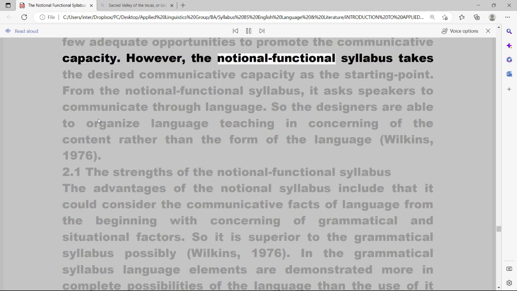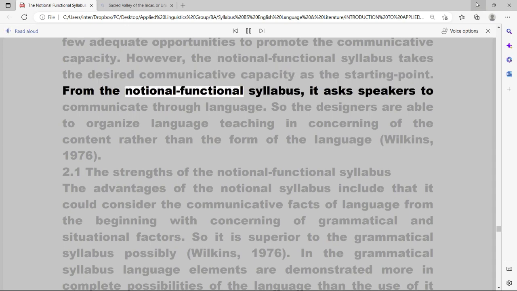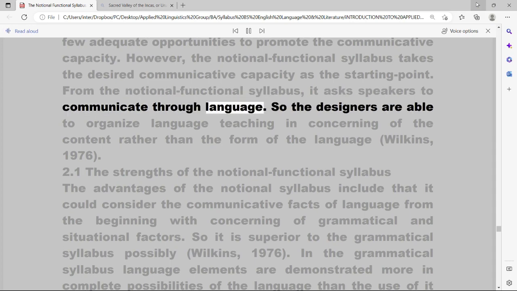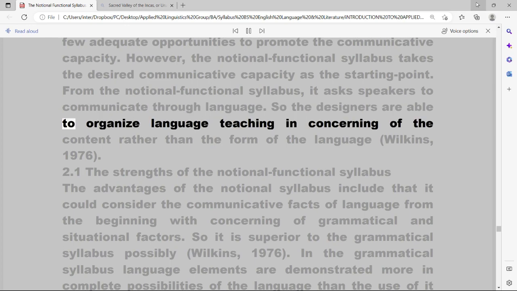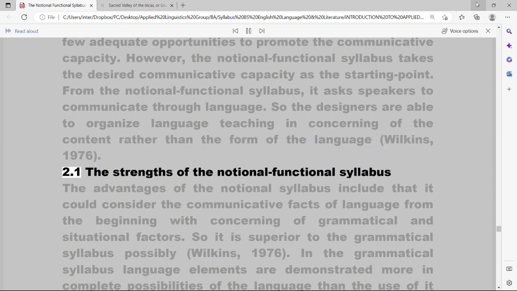However, the notional functional syllabus takes the desired communicative capacity as the starting point. It asks speakers to communicate through language. So the designers are able to organize language teaching in concern of the content rather than the form of the language. Wilkins, 1976.